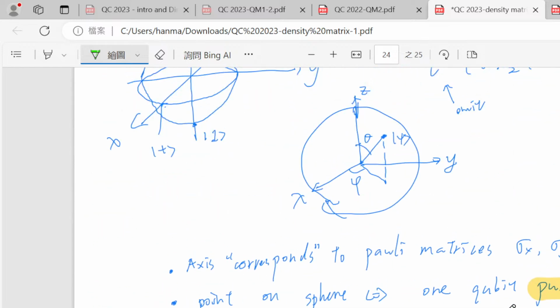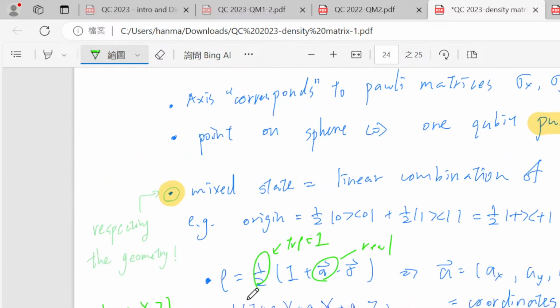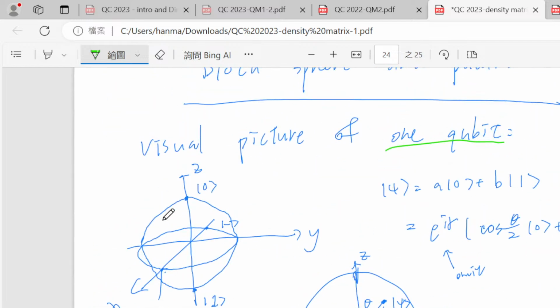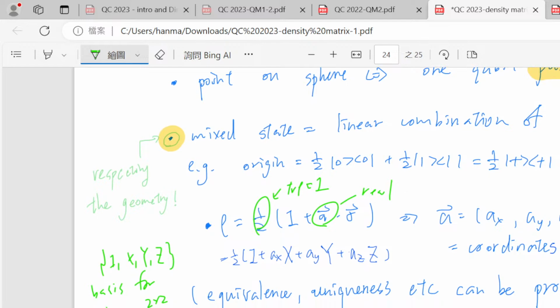Then you consider a linear combination of different density matrices, right? So you have p1 rho 1 plus p2 rho 2, and then you will get another density matrix that can be written as another I plus a3 vector times sigma vector.